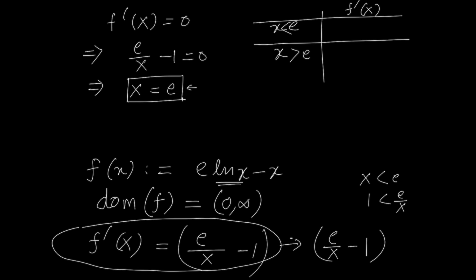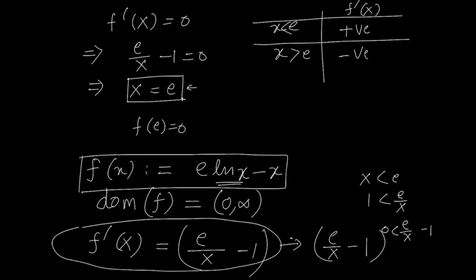So e by x minus 1 is greater than 0, and f dash x is positive. Similarly, for x greater than e, f dash x is negative. So from this also we are seeing that f(e) is equal to 0.